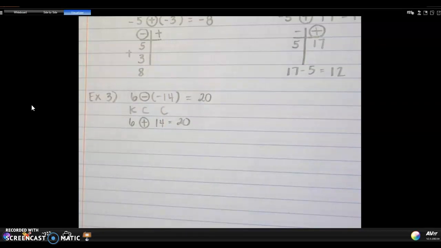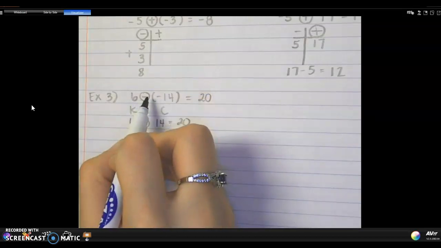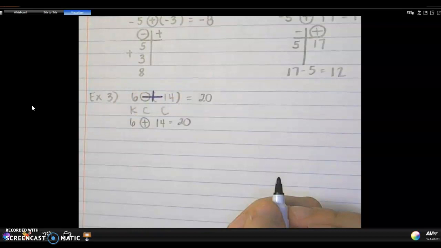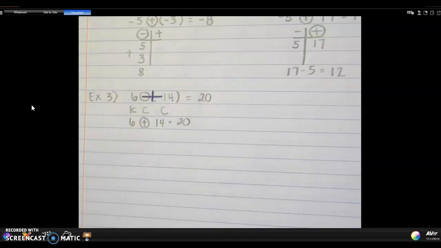And now a little hint. Anytime you subtract a negative, you can make this into a plus. And by doing so, you just did the step KCC. So it's just a little shortcut.